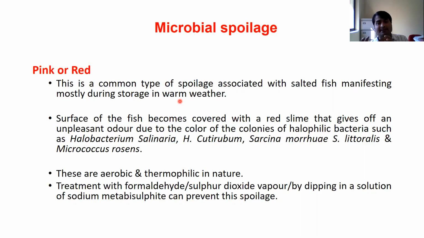The red slime that forms gives an unpleasant odor. A somewhat bad smell keeps coming. That is because of the halophilic bacterial colony that develops on the surface of the salted fish. So what are the halophilic bacteria that develop a pink or red colony on the surface of the salted fish?